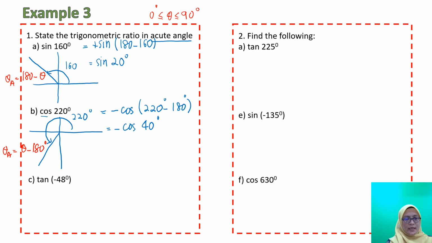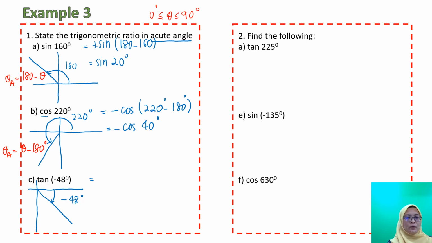Okay, so then tangent negative 48. Okay, so tengok dia kuadran. Okay, so ini negative angle. So this is negative 48. Okay, so sebab negative 48 is in the fourth quadrant.